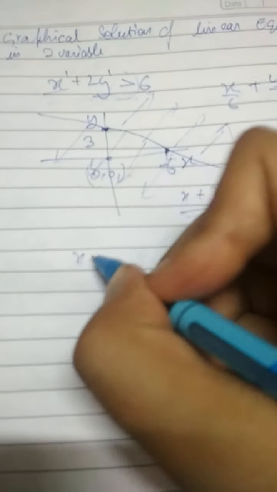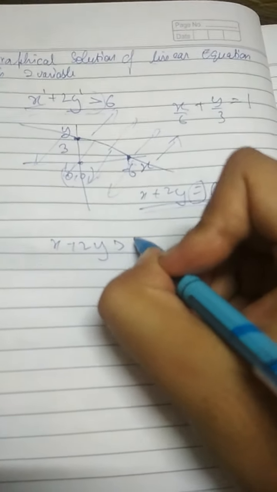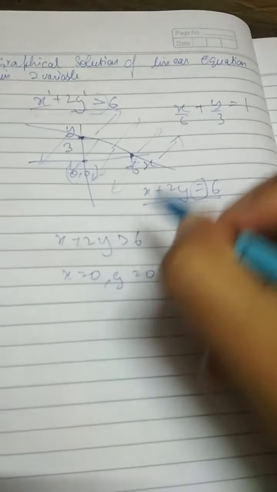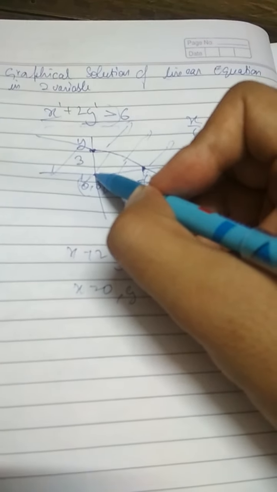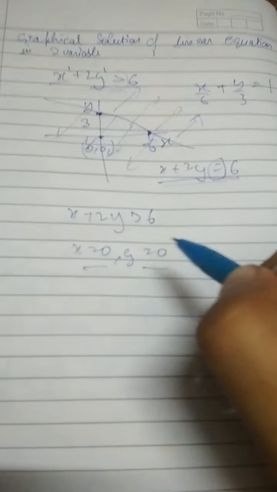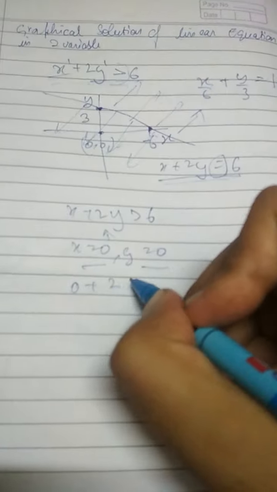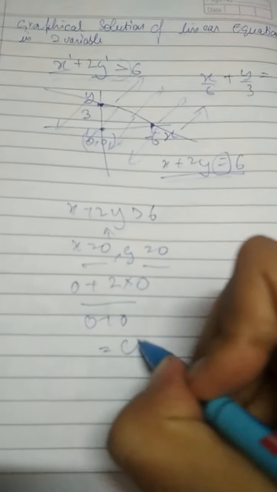Now let's see the solution of this equation. We have x plus 2y greater than 6. We put x is equal to 0, y is equal to 0. We can take any point on this graph. We are taking this point because it will be the easiest thing to do. So we have taken x is equal to 0 and y is equal to 0. Now let's put it in this equation. We get 0 plus 2 into 0, that is equal to 0 plus 0, which is equal to 0.